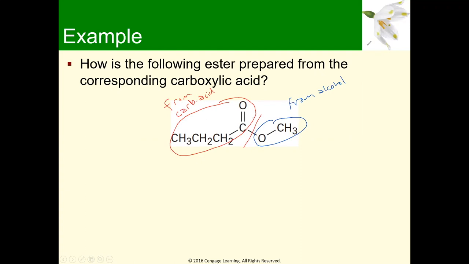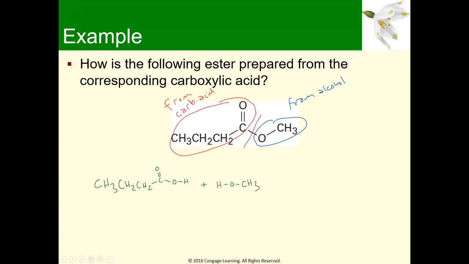Okay. So the reaction here was something like this. We have the CH3, CH2, CH2, and then the C double bond O, and then this was an OH, right? I said that was the carboxylic acid, and I reacted that with an alcohol, so it must be HOCH3.